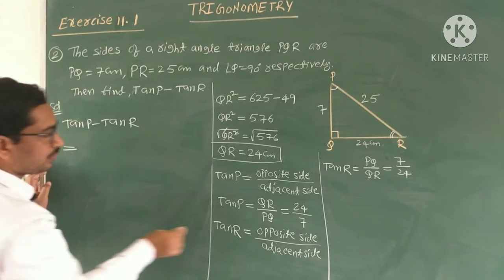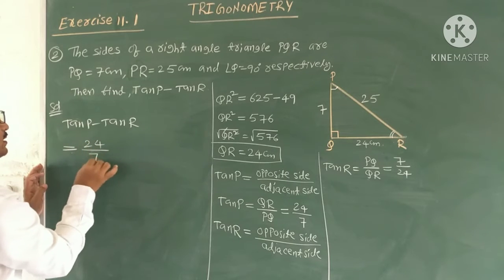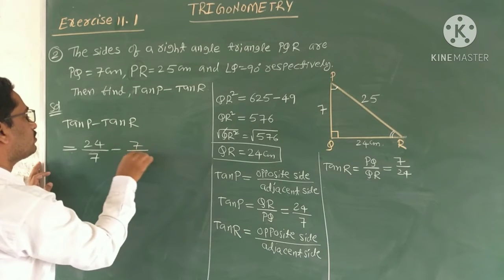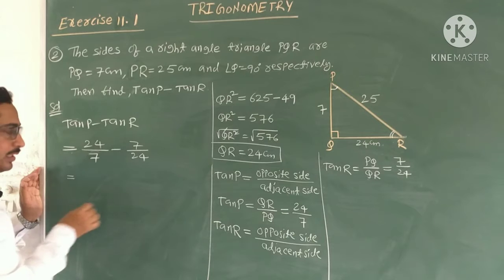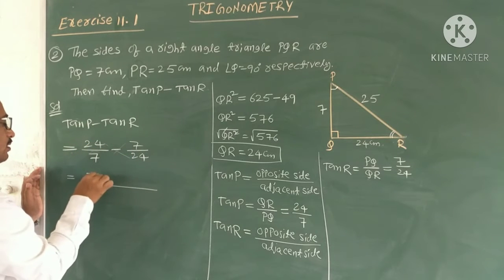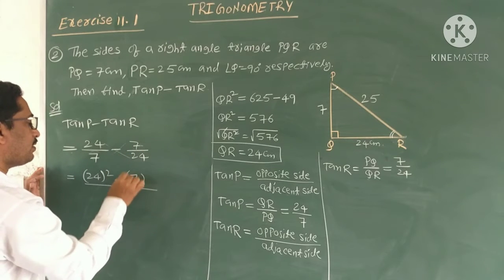Now find out tan P minus tan R value. Tan P equal to 24 by 7 minus tan R value 7 by 24. Now find out LCM or simply do the cross multiplication method. See, just like 24 into 24 is 24 square minus 7 into 7, 7 square.